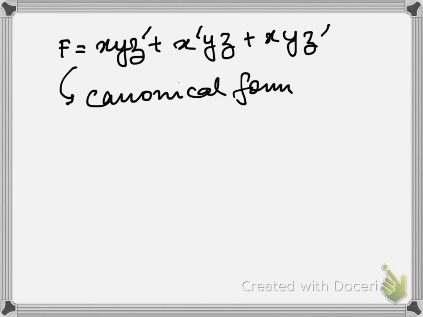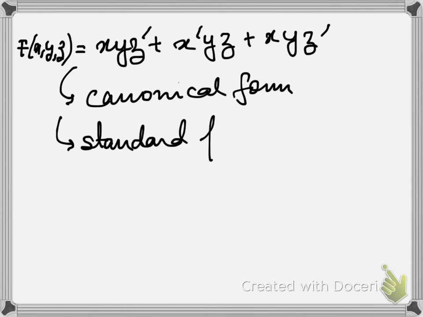It would be more clear if, instead of just writing f, I write f of x, y, z. This tells me how many variables there are. I may have an expression where one variable doesn't appear, even though it doesn't make much sense. So this is in the canonical form, but it is also in the standard form, in the sum of products form.